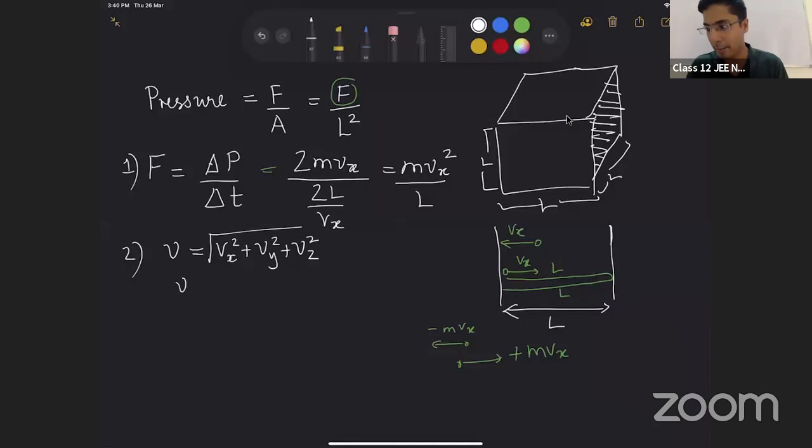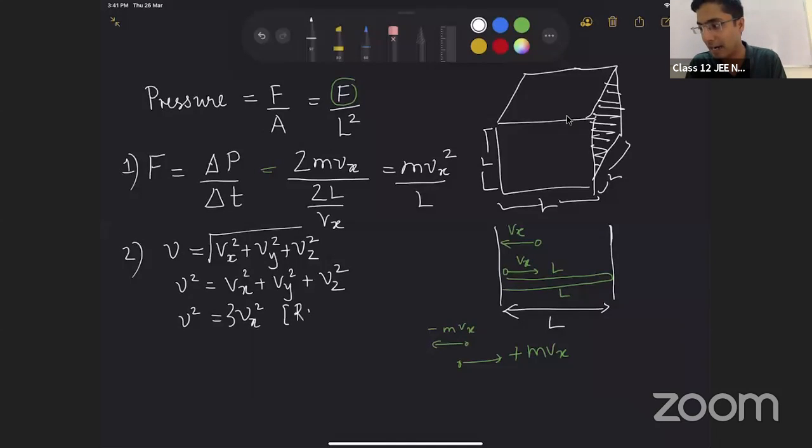So V square is Vx square plus Vy square plus Vz square. Now because it is random, all three motions are equally likely. So we can say Vx is as likely as Vy and is as likely as Vz, right? All chances are the same. So we can assume, again this is not true, but we can assume that Vx is Vy is Vz. So we can say V square is 3Vx square.